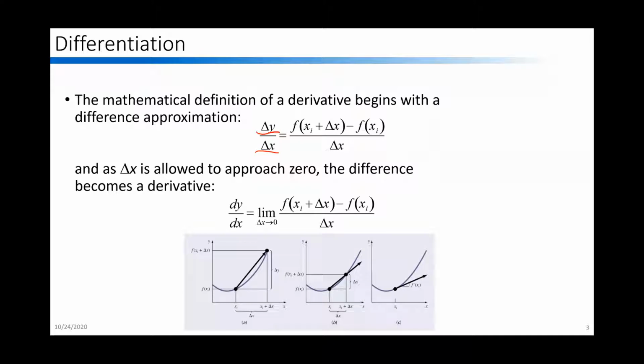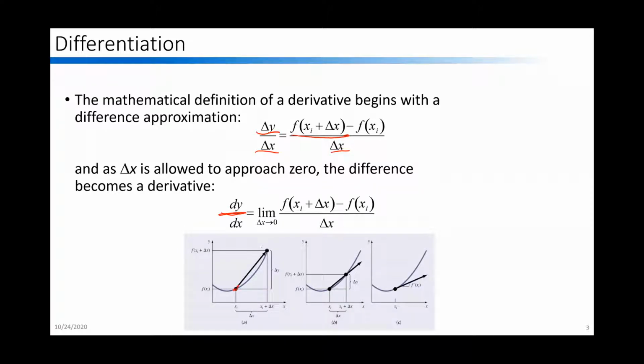So in this case, if y is some function of x, we could say it's f of x_i plus delta x minus f of x_i over delta x. And then the next thing that we had to do to get that derivative was to shrink delta x to go to 0. And this is how we would get this derivative, right?